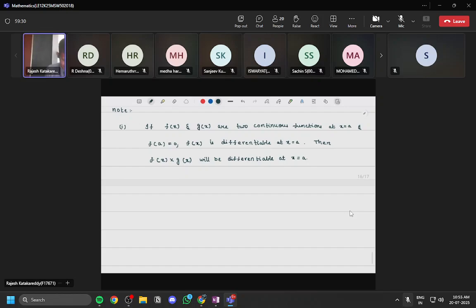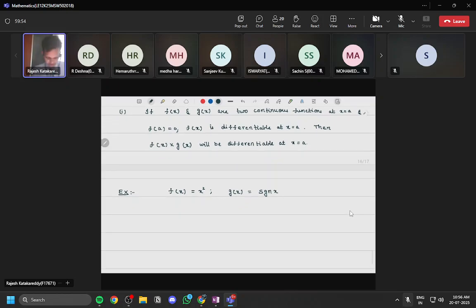Like I'm scrolling up. Let us take an example here. In this example, we are taking a function f of x is equal to x, maybe square you take, g of x is equal to signum of x, right?